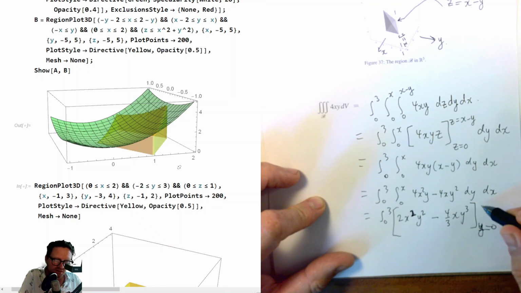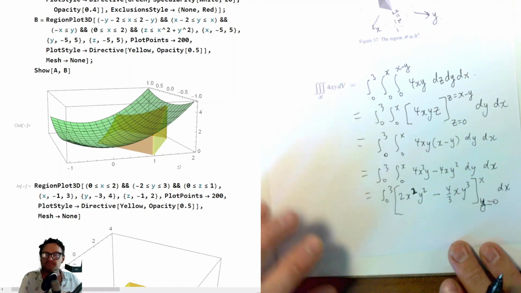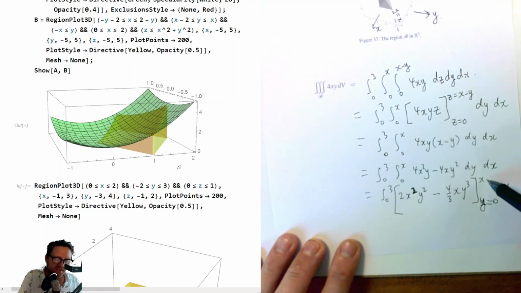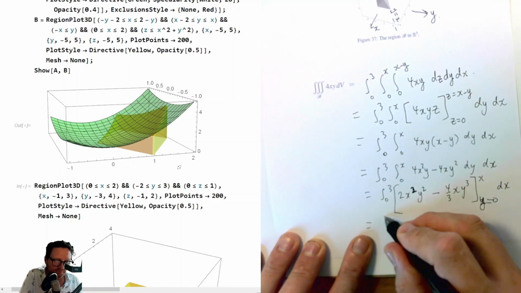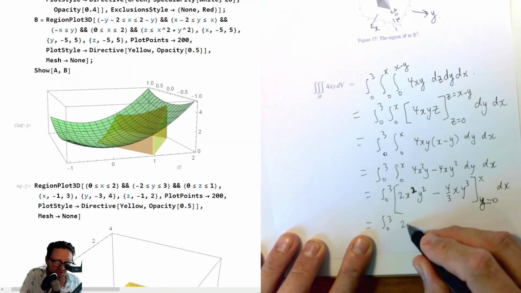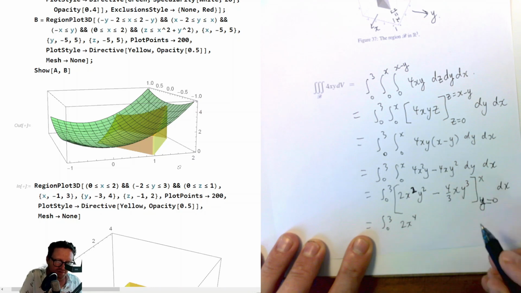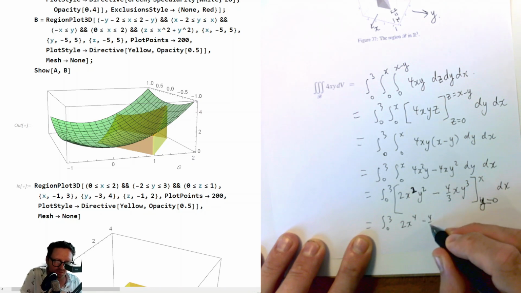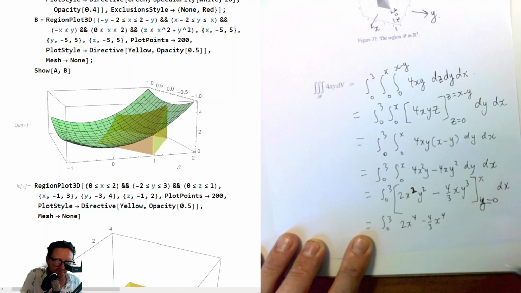Y goes from 0 to x. So now we need to sub in y as x. So we've got 2x to the 4th minus 4/3 x to the 4th, and then subtract 0.